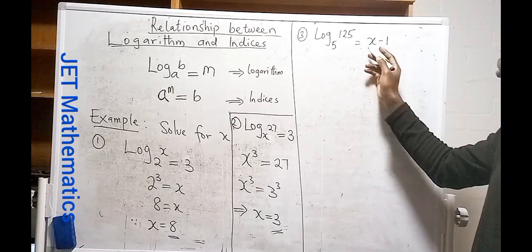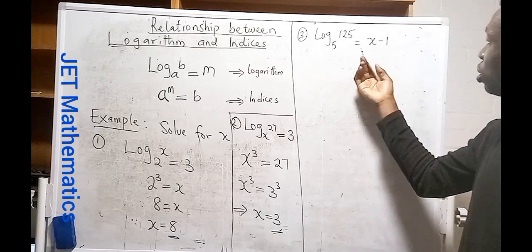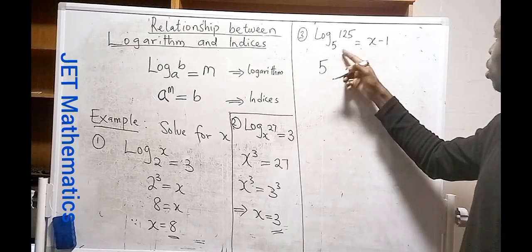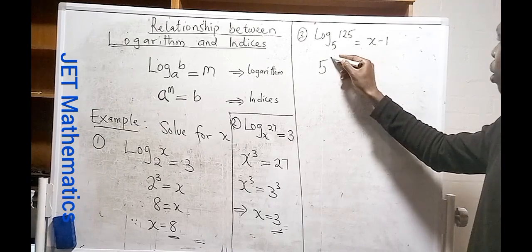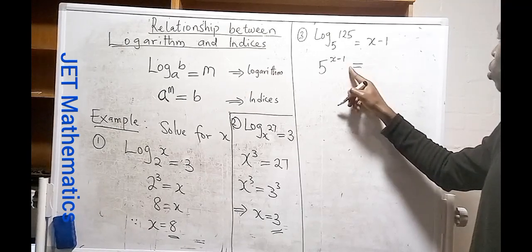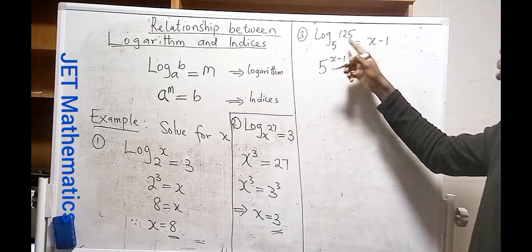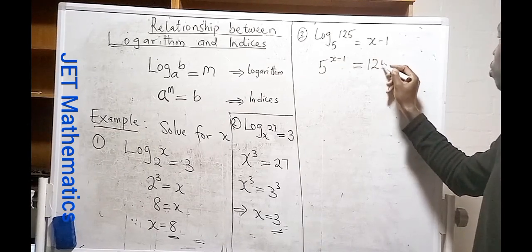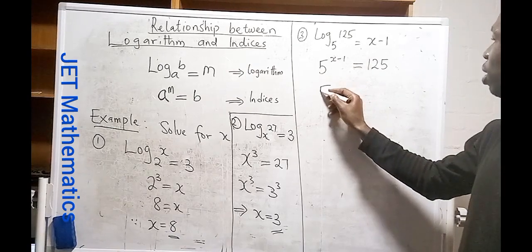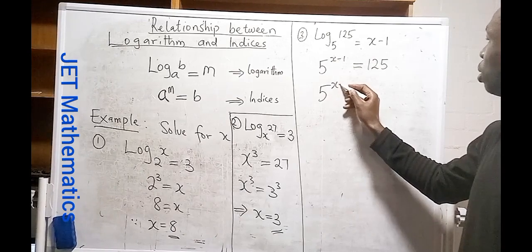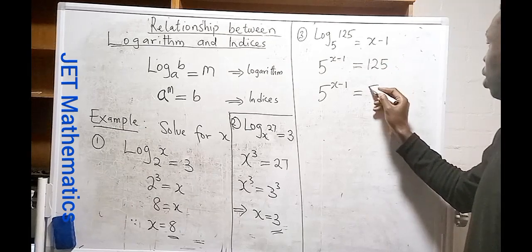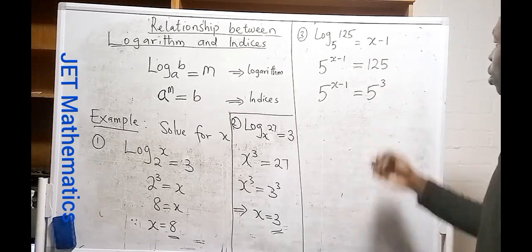Still using the relationship, we can say the base 5 raised to the power of x minus 1 is equal to 125. So here becomes 5 raised to the power of x minus 1 is equal to, this gives me, 5 raised to the power of 3.